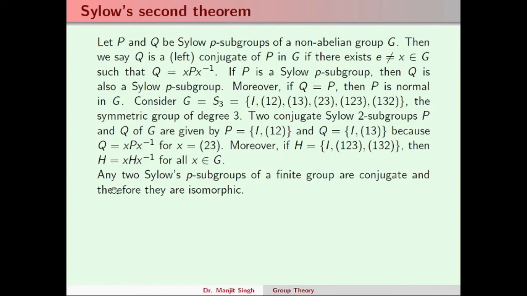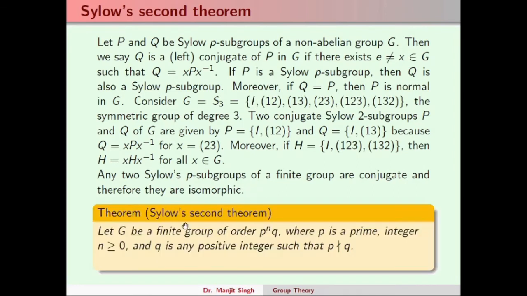Okay, now any two Sylow P-subgroups of a finite group are conjugate, and hence they are isomorphic. So as we have seen, if P and Q are Sylow P-subgroups, then the order will be P raised to power n, and both will be isomorphic. They are subgroups of the same group.